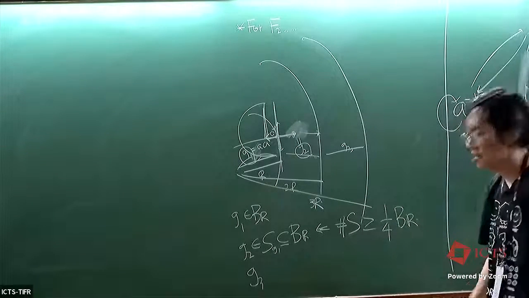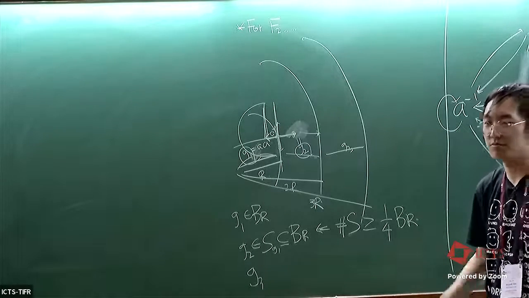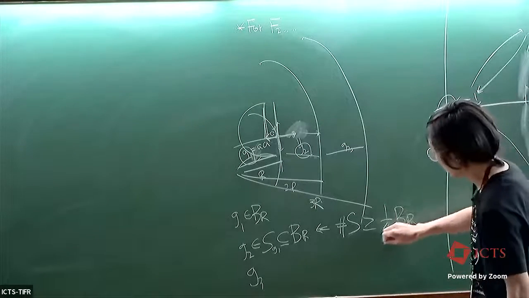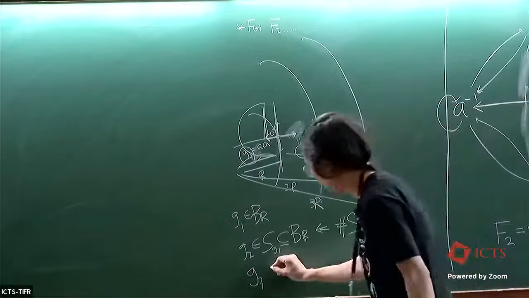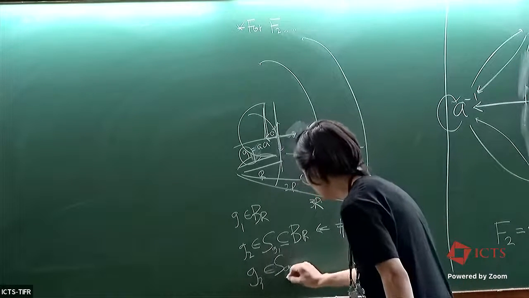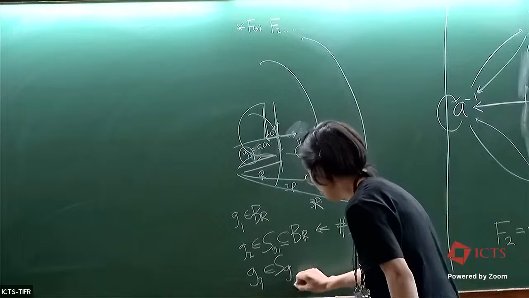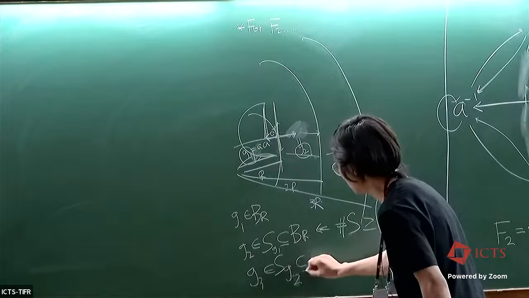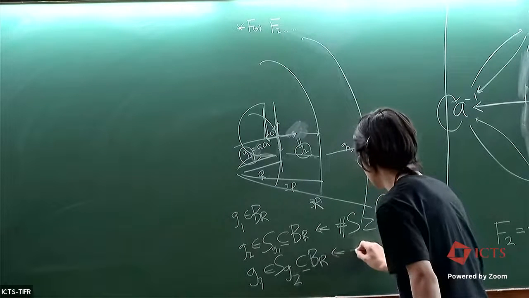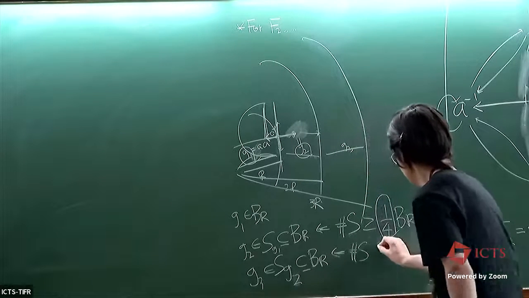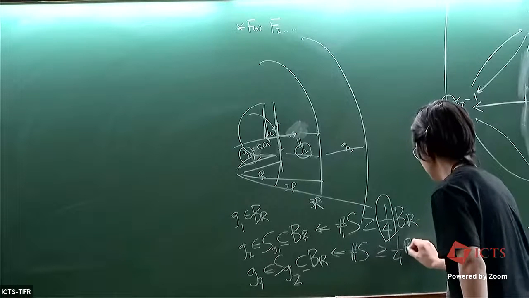Actually, you can make it 3/4, but it's not important. The important thing is this is uniform, regardless of R. And you can also require g_3 to be chosen from yet another subset of B_R, whose cardinality is, again, at least 1/4 of |B_R|.